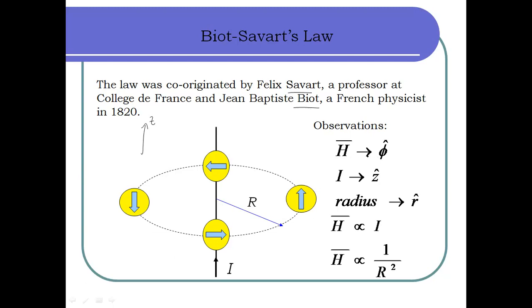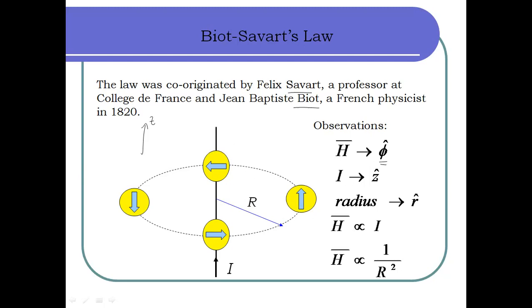How can Biot and Savart know that the H field is in the phi direction? Because when the current is flowing through this wire, the compass needle itself will align in this phi direction, as shown in the diagram.